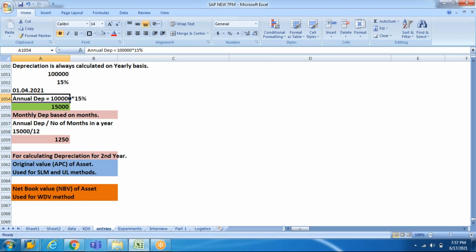That is very important in asset accounting. If you are able to understand how the system is calculating the numbers, how it is posting the entries, and how it is affecting your financials like trial balance, P&L, and balance sheet, you are very good at asset accounting. That is the only key skill you need to gain from asset accounting. Just understand the value flow.